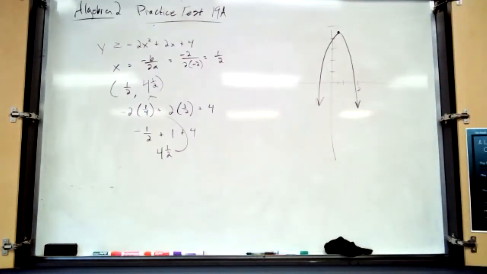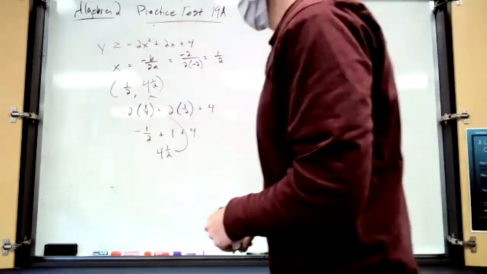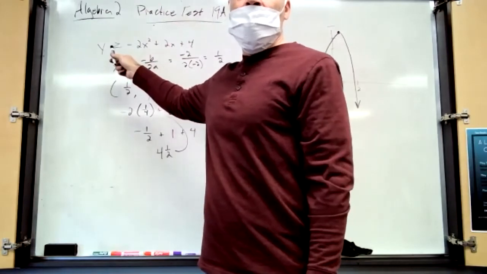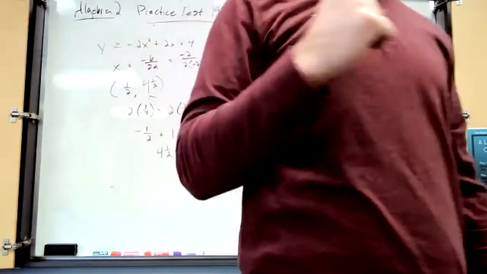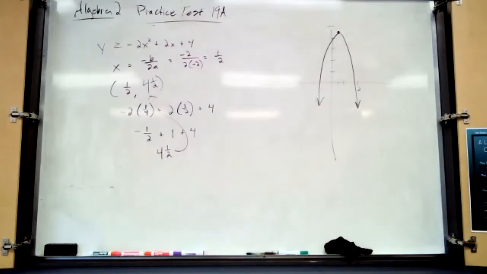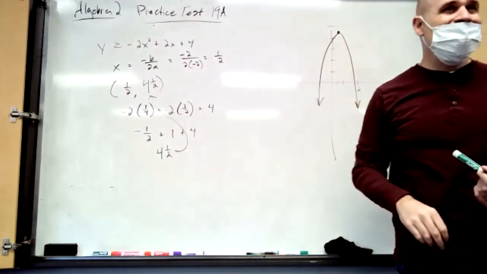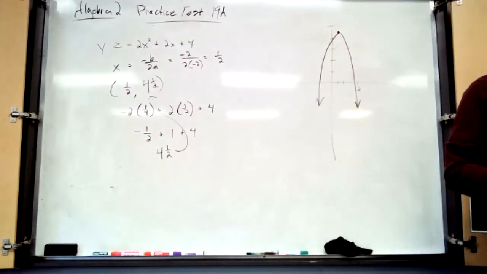And now we have to figure out where to shade it. So y is this symbol. So what does that mean on a graph? Where are you going to shade this? Well, there's only 2 options. Either on top of it or below it, inside of it. What's your gut tell you?